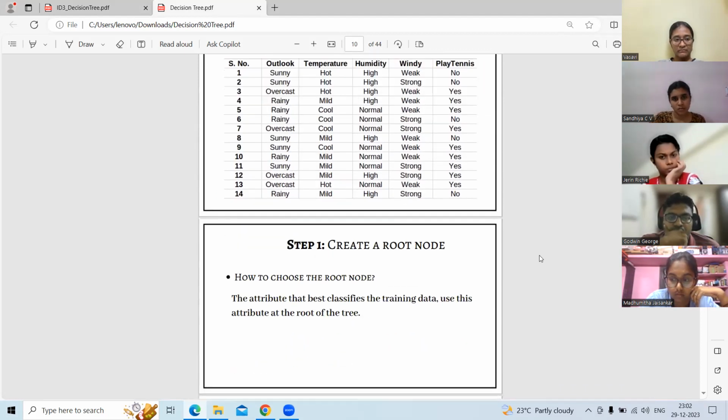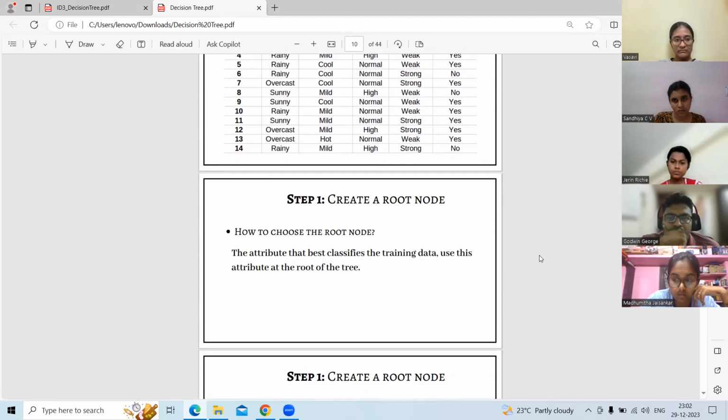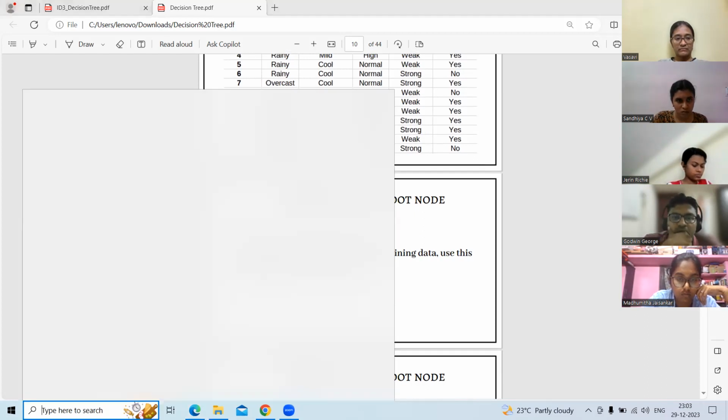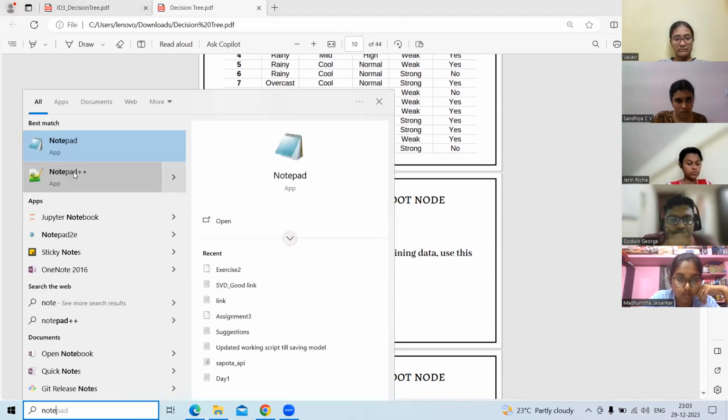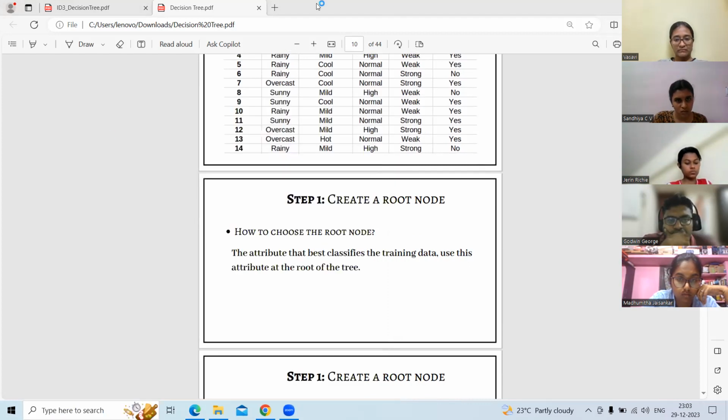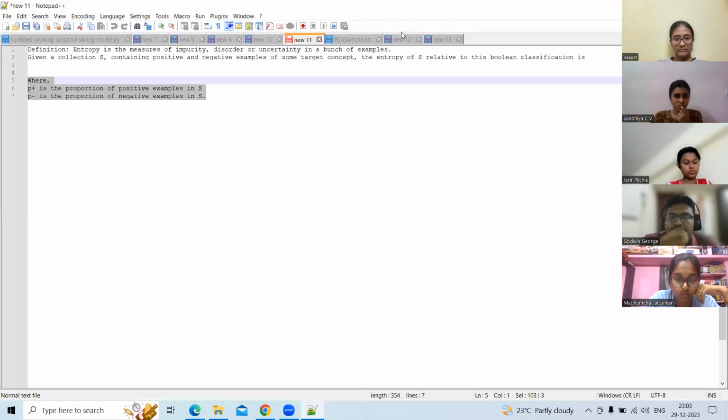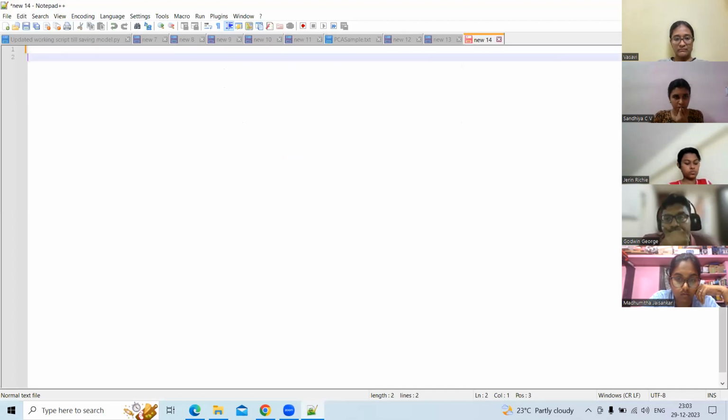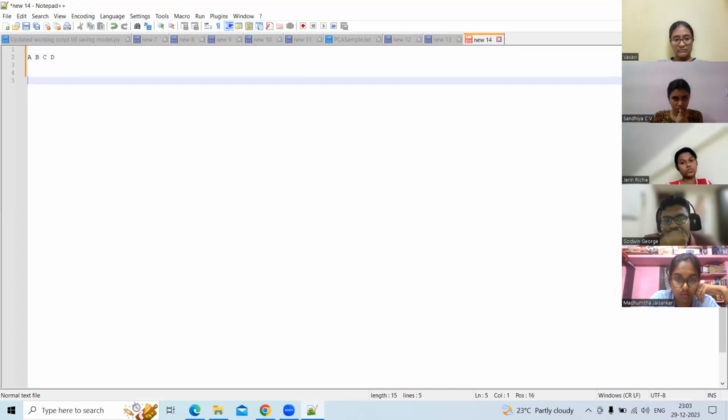Now, our first step is we have to find out the root node. Root node means the best classifier or the best attribute, which gives maximum information. That is what we have to classify. So, for example, let's say I have 4 classes, and I want to predict which one it belongs to.